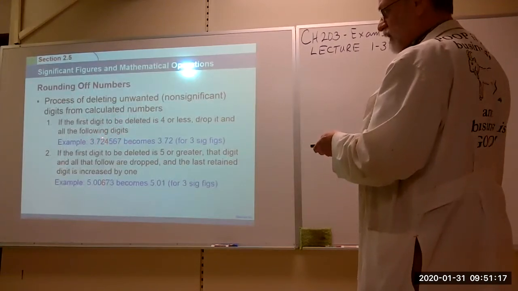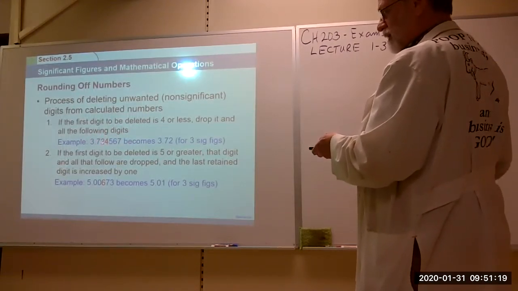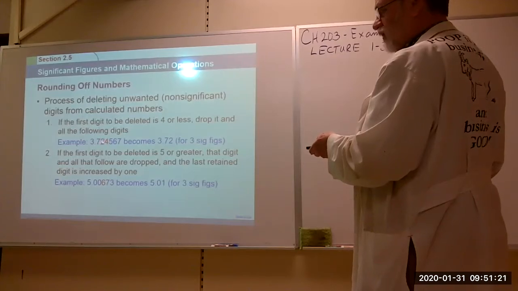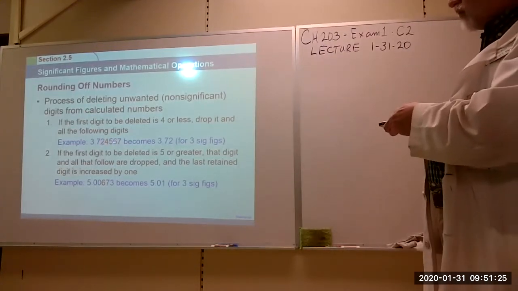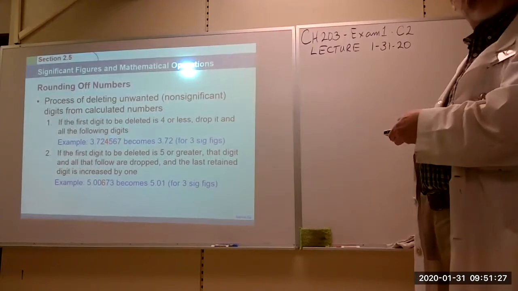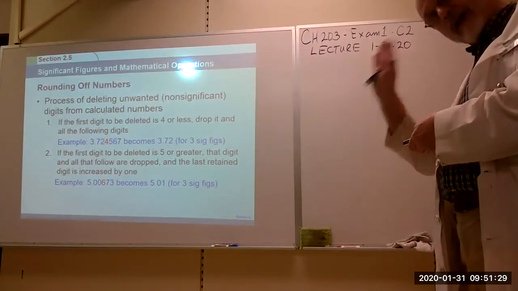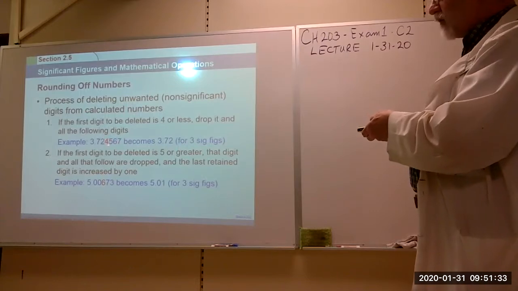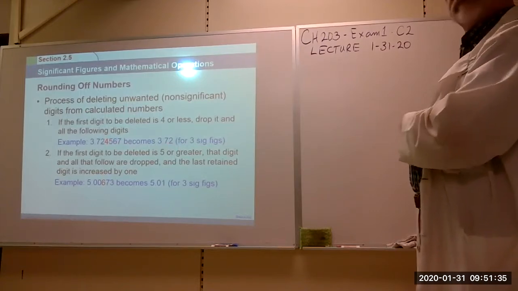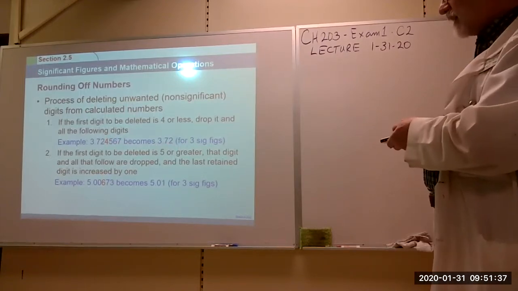That's the one we need to know how is it rounded. So we look just to the right. Ignore everything else. You just look right to the right of that number. That's less than 5, so we throw these out and keep the 2.